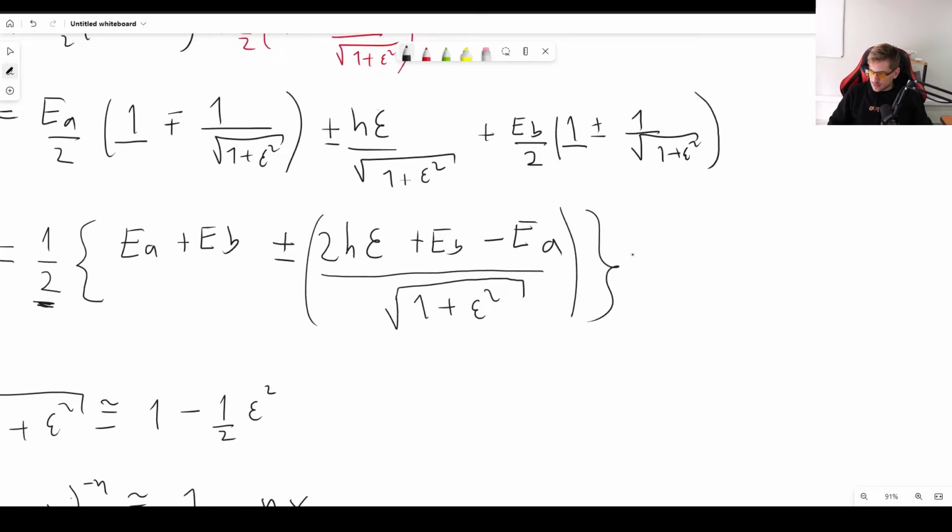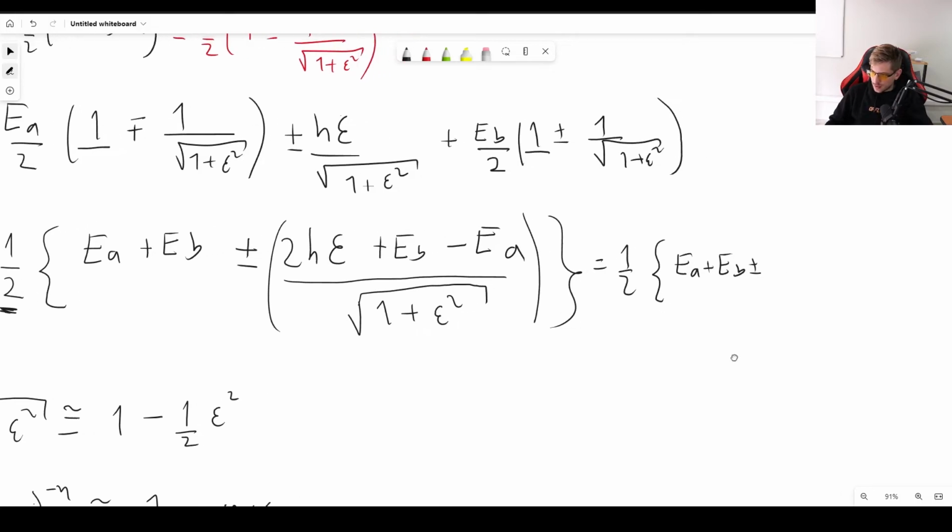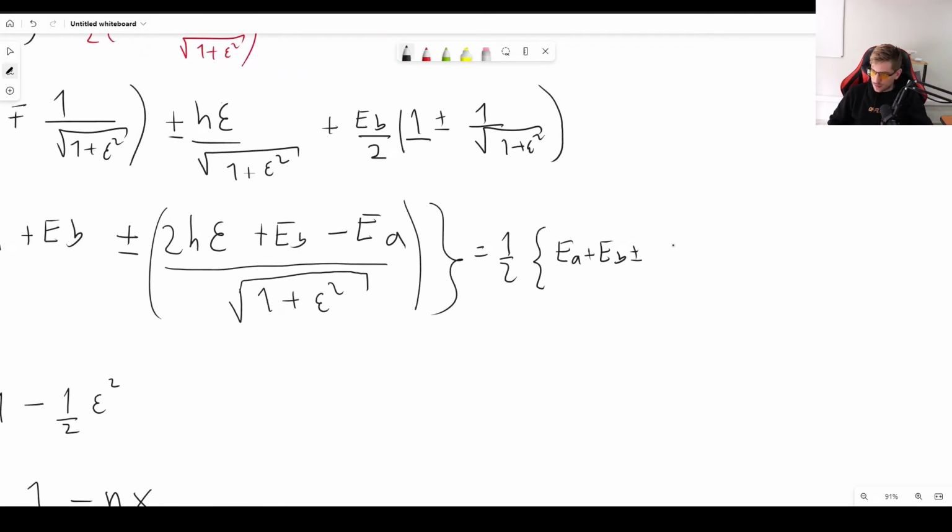So we get 1/2 of EA plus EB, plus or minus, and what do we have then? Then we have 2h epsilon plus EB minus EA times, and this is 1 minus epsilon squared over 2.